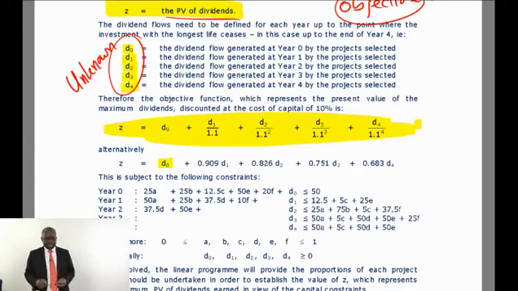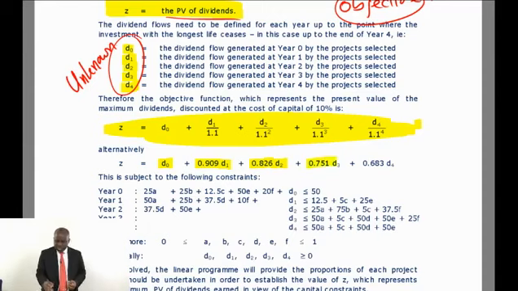Discount factor 10% year 1 is equal to 0.909, and I would have to multiply by the cash flow that will be available to pay dividend in year 1, which we define as D1. Then year 2 discount factor multiplied by cash flow to pay dividend in year 2. Same for year 3 and same for year 4.